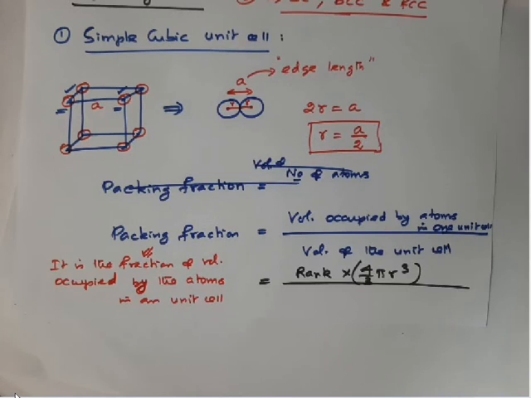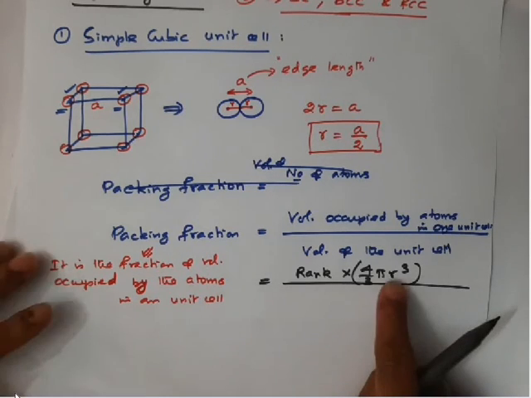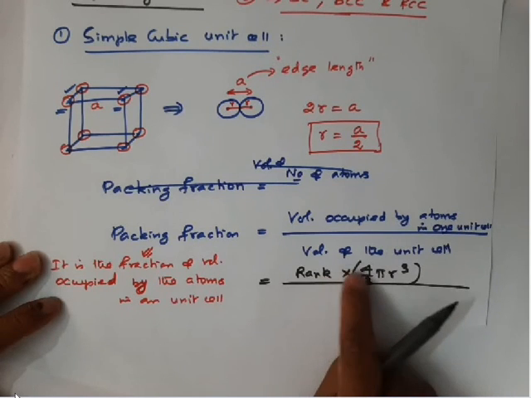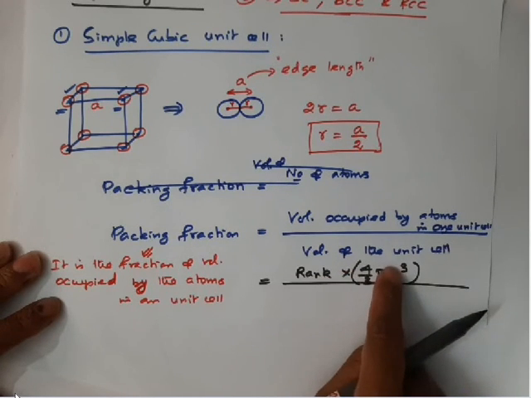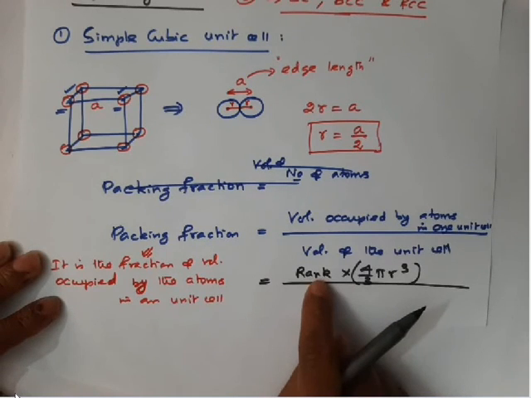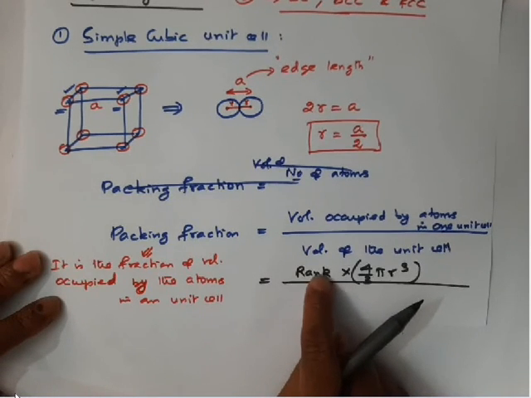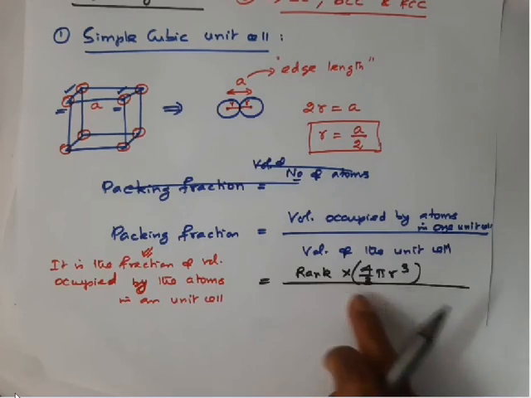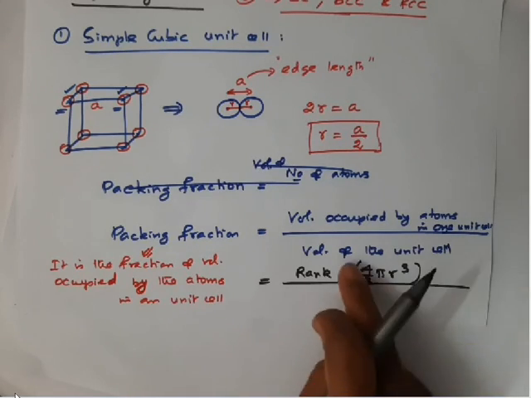Here it means volume of an atom. So rank, the number of atoms per unit cell, into volume of one atom, you will get total volume occupied by the atoms, divided by volume of the unit cell.